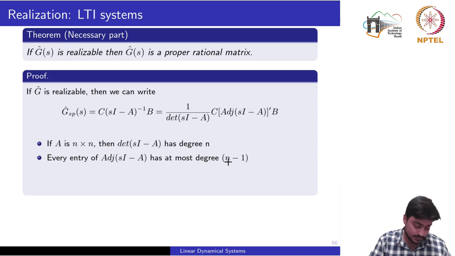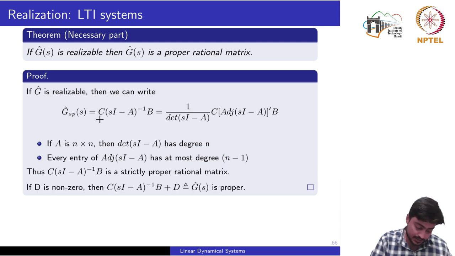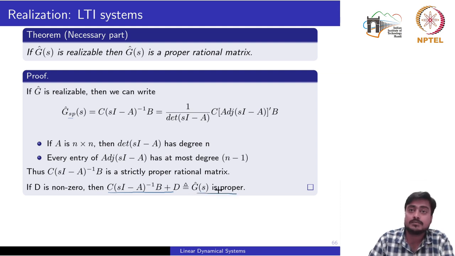So we know that this part, C times sI minus A inverse times B, is a strictly proper part. This is the reason we defined it as SP, which implies the strictly proper part.